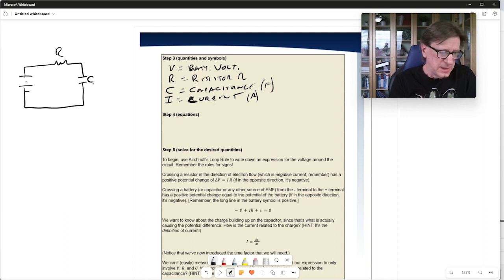We need that. And then we're going to use a lowercase v, which I'm going to put with one little flag there, to represent the voltage across the capacitor. And that's something that's going to be changing in time. So this would be my V, but across the capacitor, I'm going to have a lowercase v.